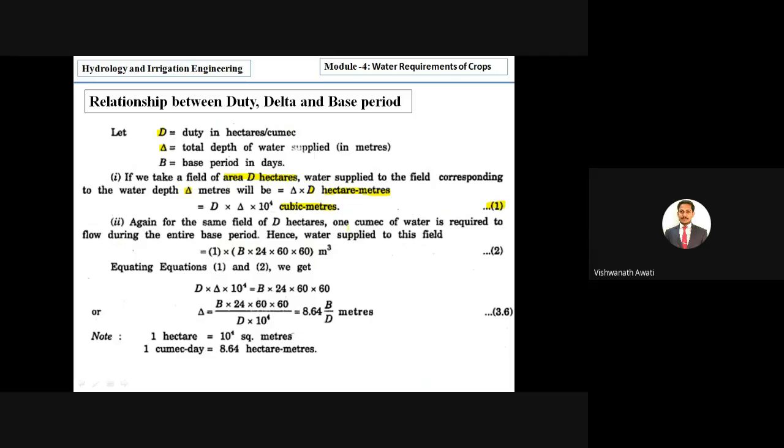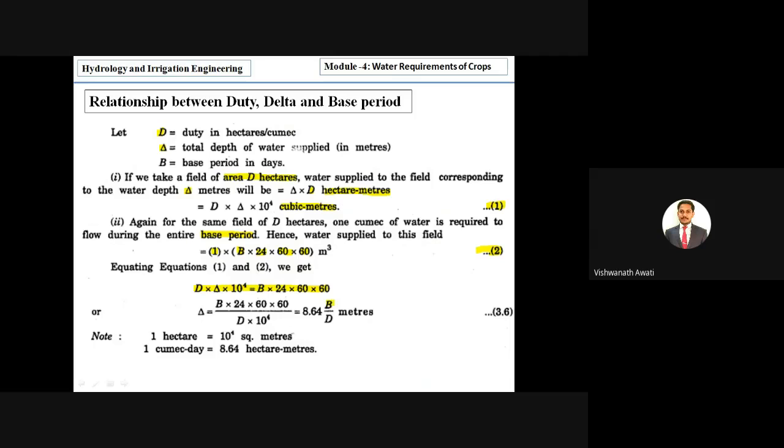Hence the water supply to this field is 1 cumec, B is the base period, converted into 24 hours into 60 minutes into 60 seconds, giving cubic meters. Equating equations 1 and 2, we get D into delta into 10 to the power 4 equals B into 24 into 60 into 60. If you simplify this, you will get delta equal to 8.64 B divided by D.